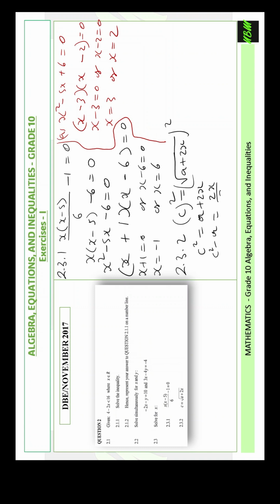And then from there, divide both sides by 2. And then now we'll have c squared minus a divided by 2 is equal to x. Therefore, our x will be equal to c squared minus a all divided by 2.